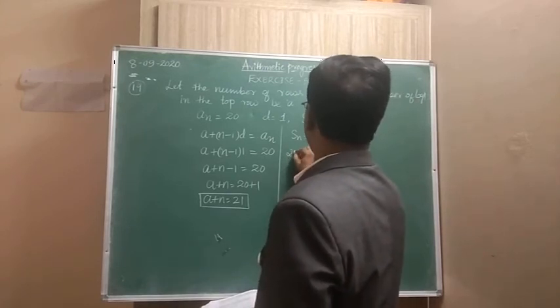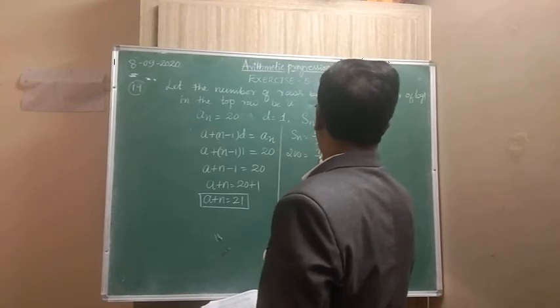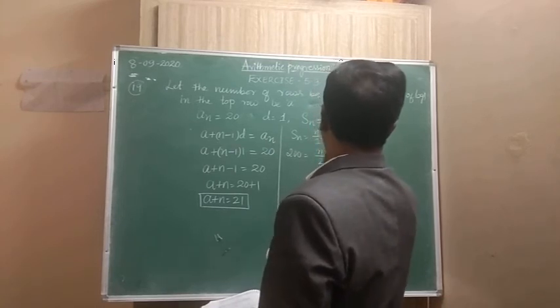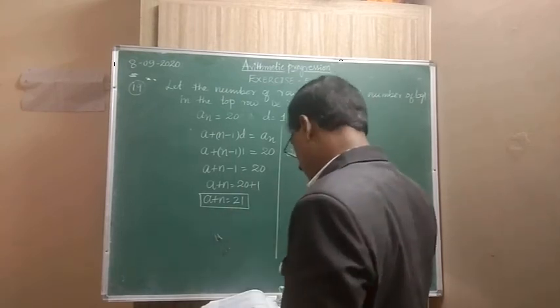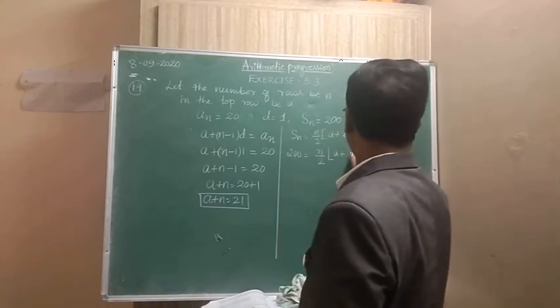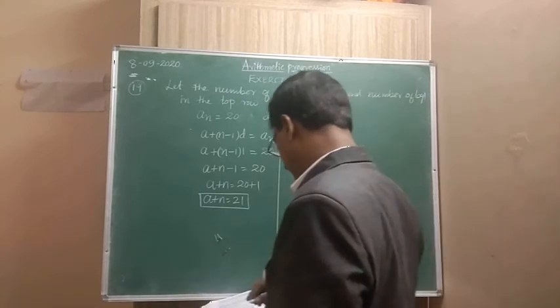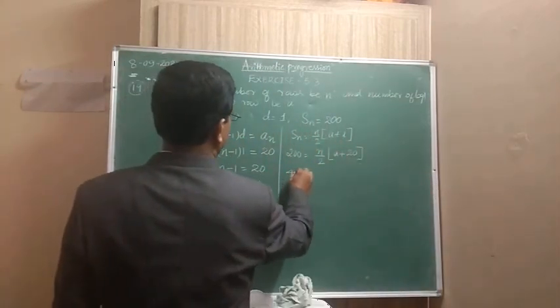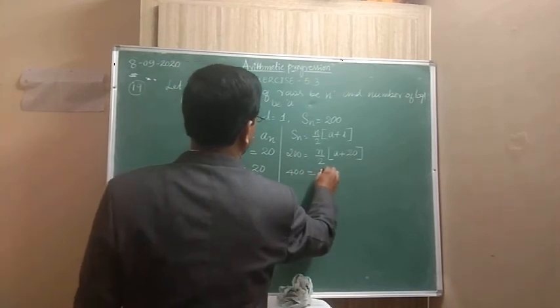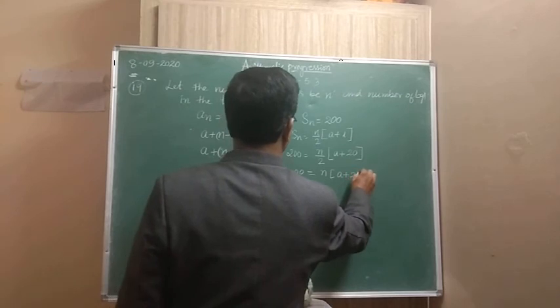Here S_n is 200, n we don't know, and l is 20. Simplifying this, 400 is equal to n into (a plus 20).